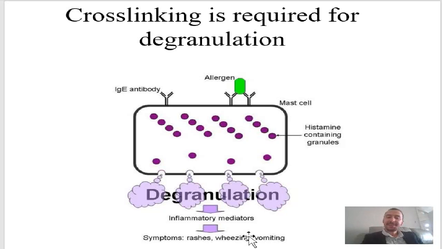Now that's a situation where it's not a favorable outcome. But another situation where an IgE response like this is useful is for the likes of a parasitic infection. Okay, so that's how IgE immunoglobulin can contribute to the immune response.